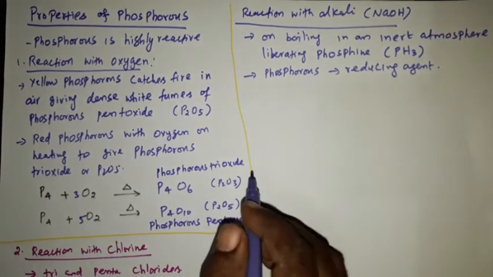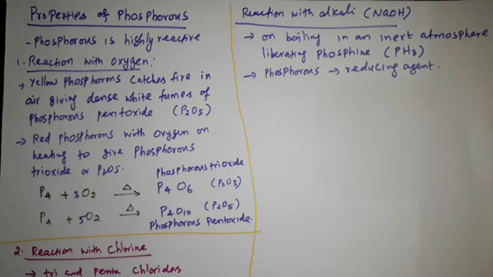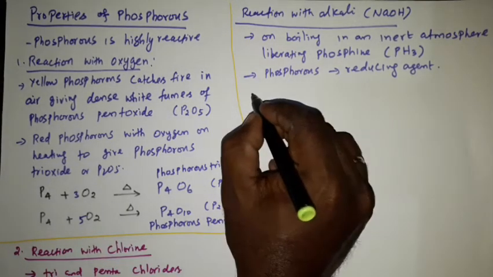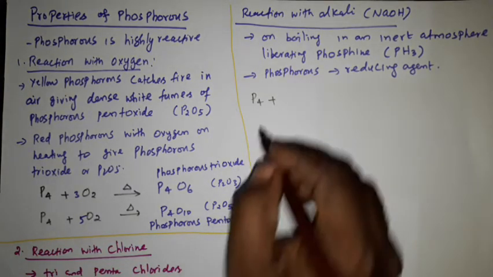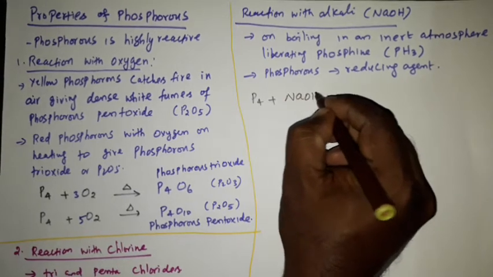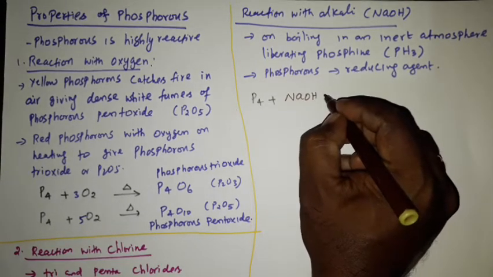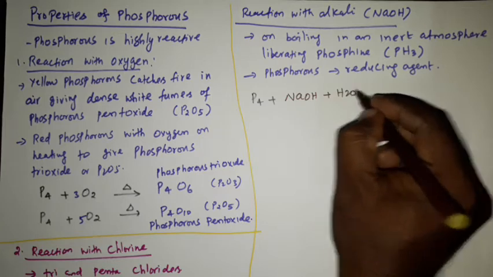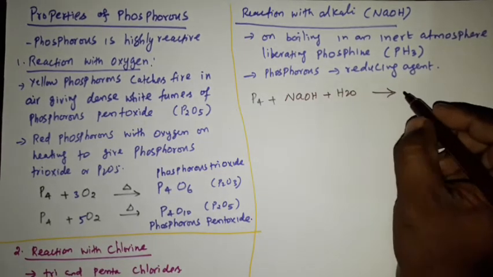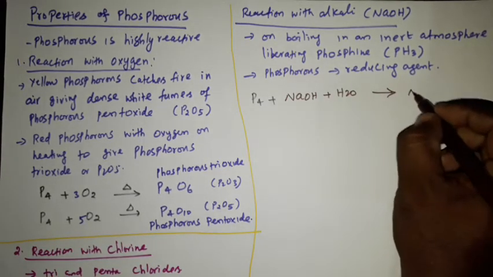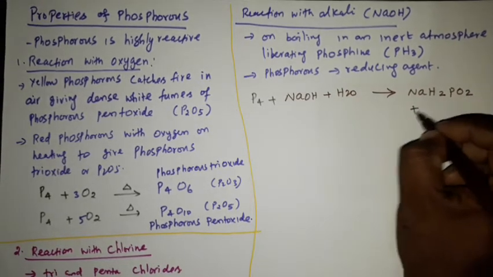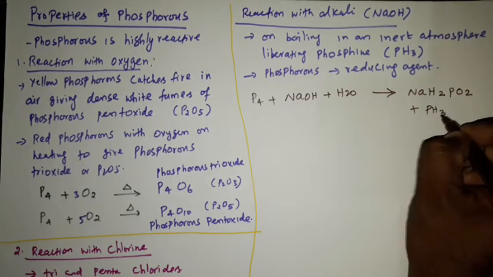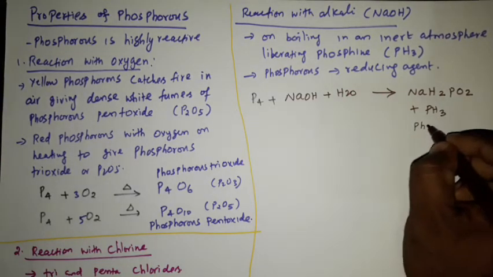Okay, see the reaction. P4 plus NaOH with water H2O, we are getting sodium hypophosphite, that is NaH2PO2, plus phosphine PH3.